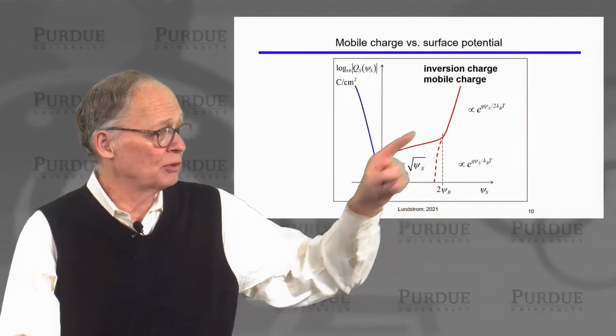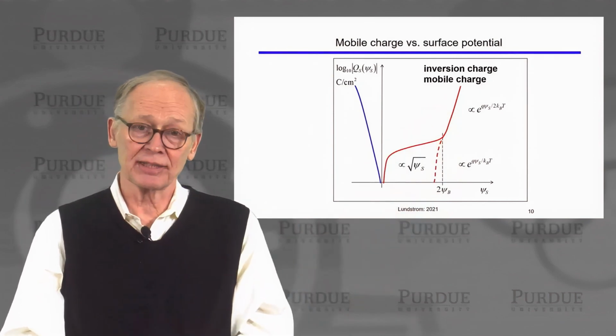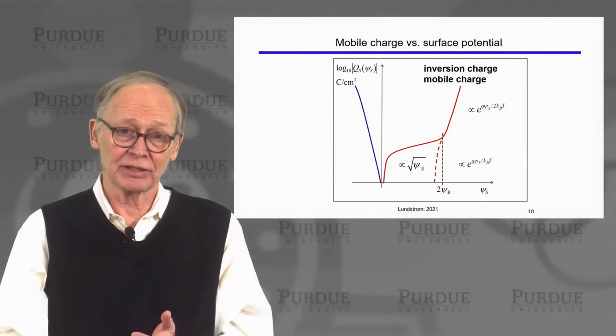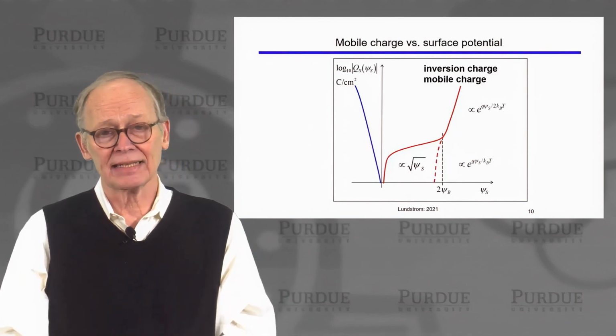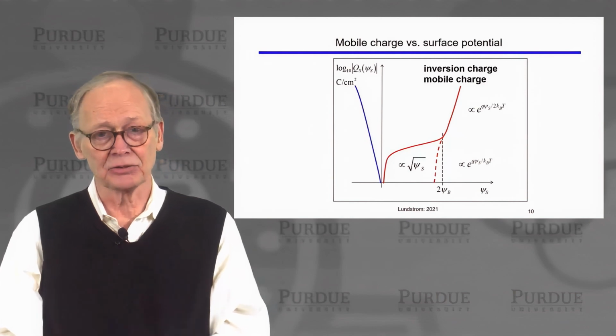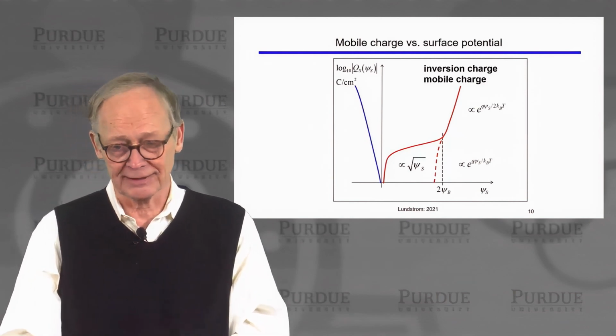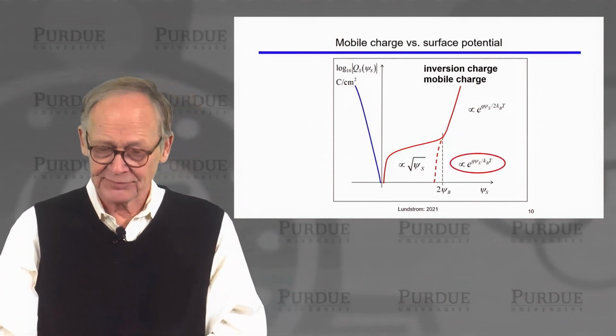When we go above threshold, we're dominated by the inversion layer. The inversion layer charge is essentially the total charge in the semiconductor, and that increases exponentially as e to the q surface potential over 2kT.